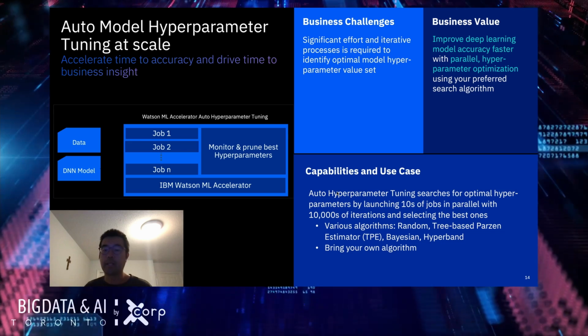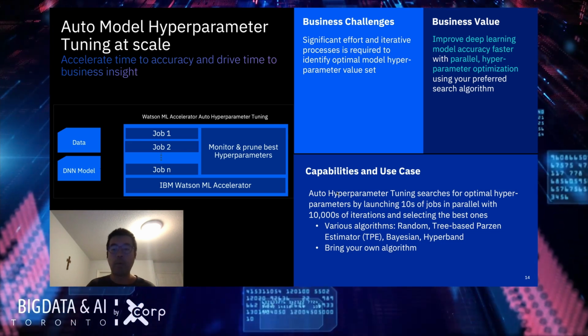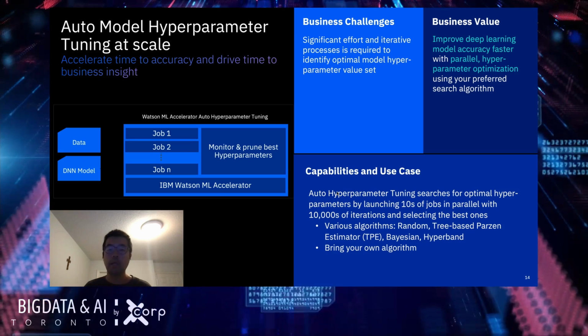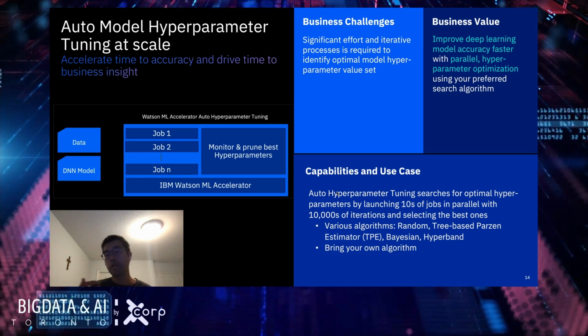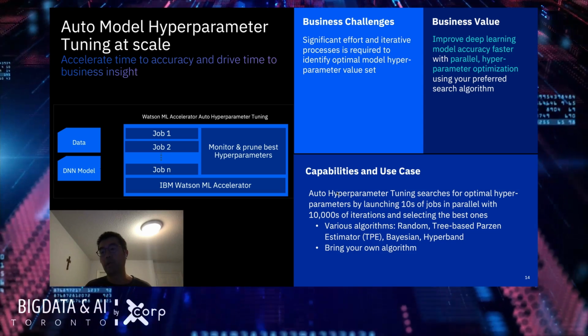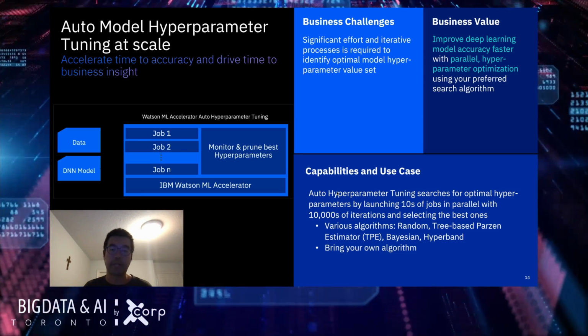You can select your favorite search algorithm. Out of the box, we bundle random, TPE, Bayesian, Hyperband, and more. And data scientists could also bring in their own innovative search algorithm and run that in Watson Machine Learning Accelerator.